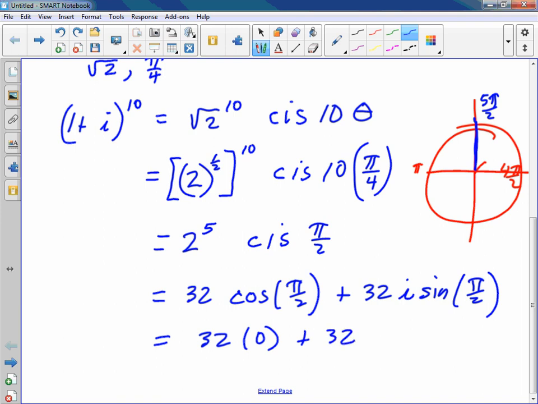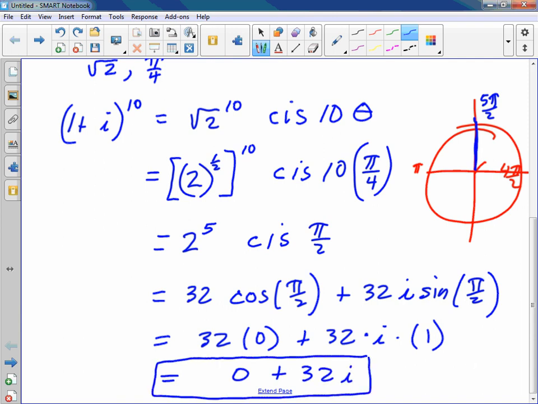Plus 32 times i times 1, with confidence. Beautiful. So 1 plus i, quantity to the 10th, equals 0 plus 32i, or just 32i, which is pretty darn cool. I'm liking it a lot.